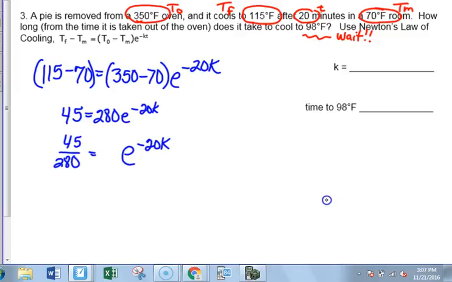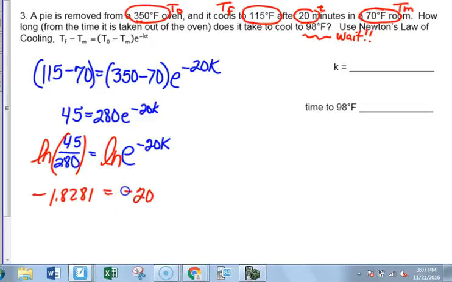And then what? I got negative 1.8281 something over here equals negative 20K. .0914, anybody get that for K?